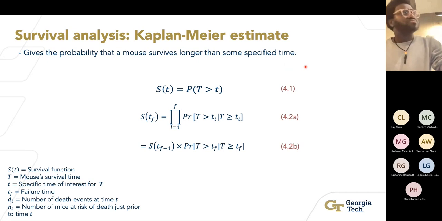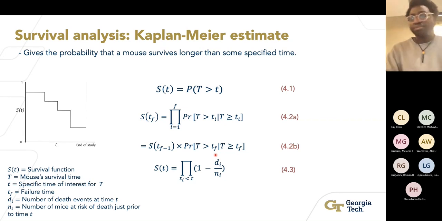And to do that, we're going to be using a Kaplan-Meier estimator, which essentially is, in this case, showing the probability that a mouse survives prior to a failure time TF, multiplied by the probability that the mouse actually survives beyond that time TF, given that it survives up to that time.